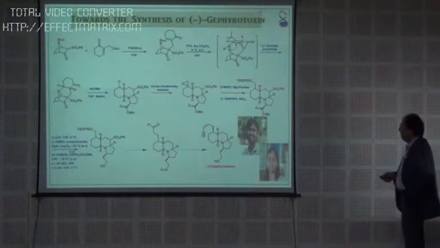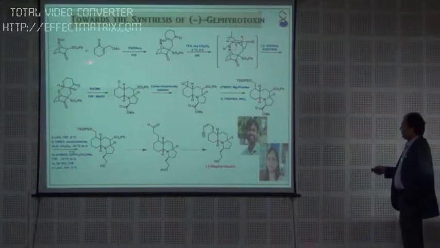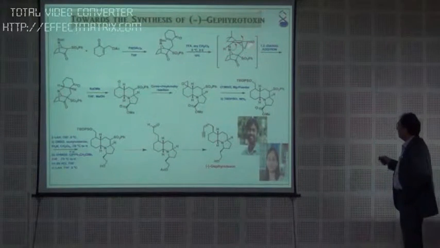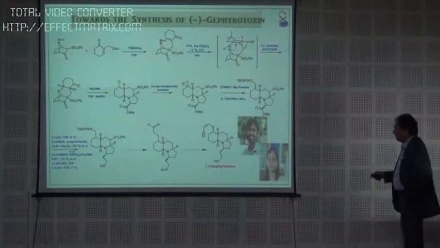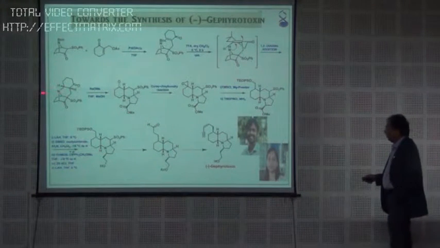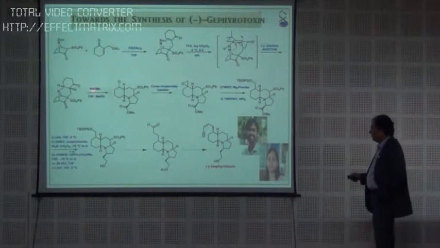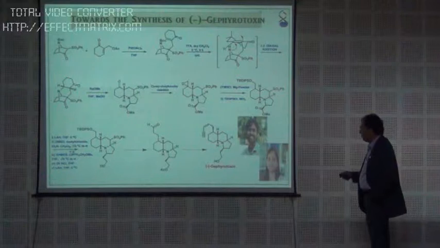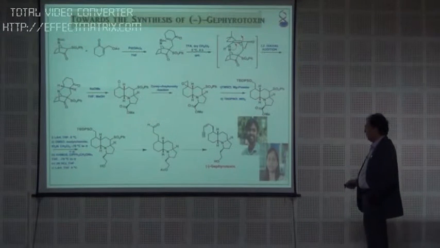Let's quickly go through this, the Tsuji-Trost reaction, and the transition state is given for the stereoselectivity. You get this compound. This compound simply with sodium methoxide in THF methanol at room temperature, if you stir, you get a ring open compound.